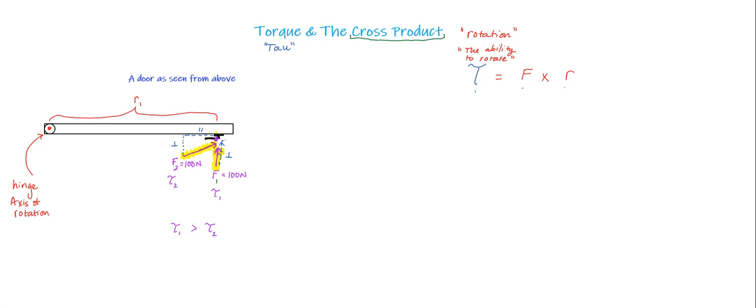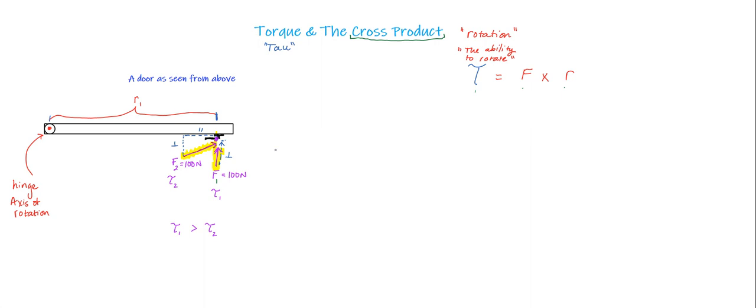But in both situations, what are we measuring the angle of the force relative to? Well, you might say the surface of the door, and in this example, that is true. The difference in angle here is measured relative to the surface of the door, but it's actually measured relative to this position or this length r.